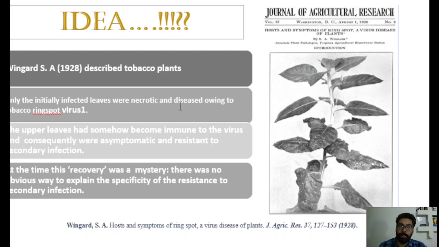After the tobacco ringspot virus infection, only the lower leaves were infected, but somehow all the upper leaves showed recovery and were healthy. He had no idea why this was happening. It was because of post-transcriptional gene silencing, which chops off the virus RNA and gives defense to the younger leaves.